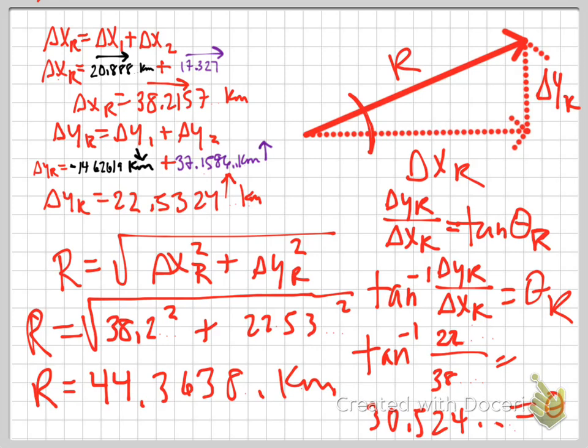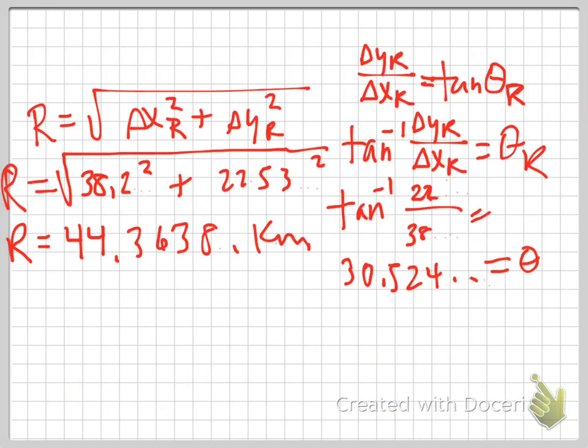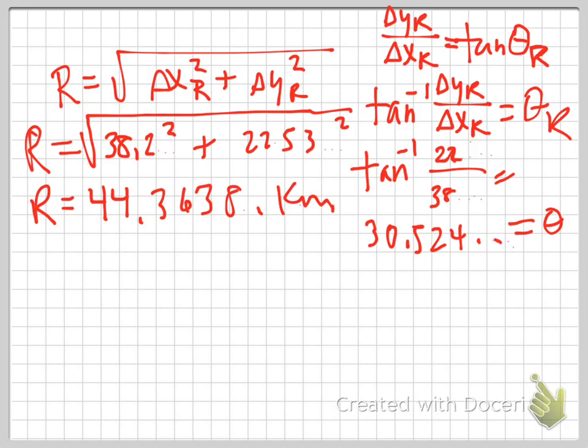Your entire answer for this is as follows. Let me pull at least this part over to the next page where we've got room to work with it. All of that work gets you this.